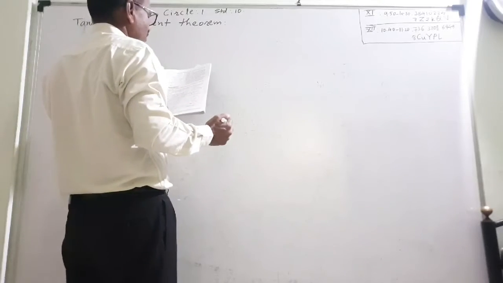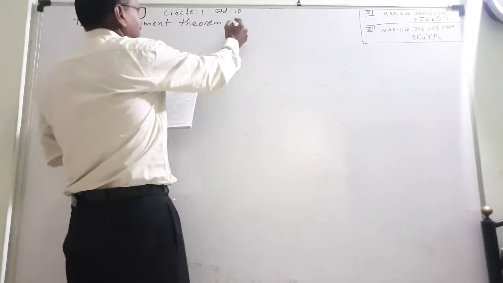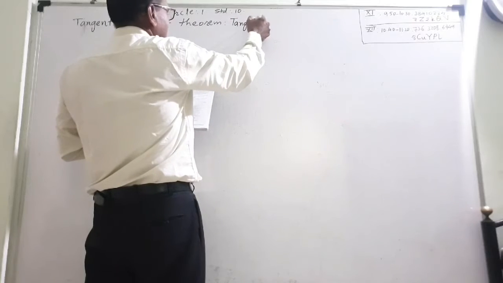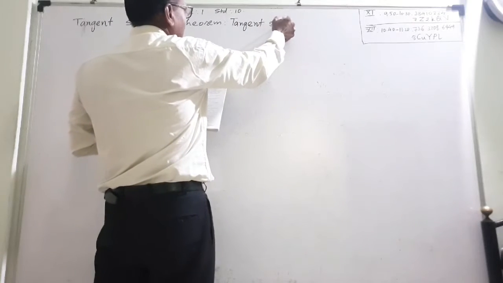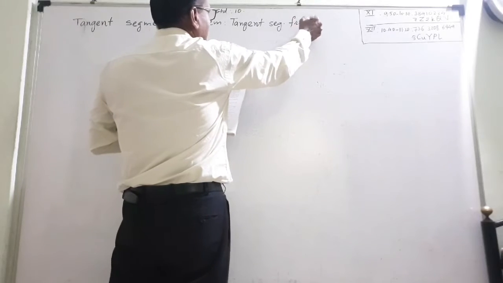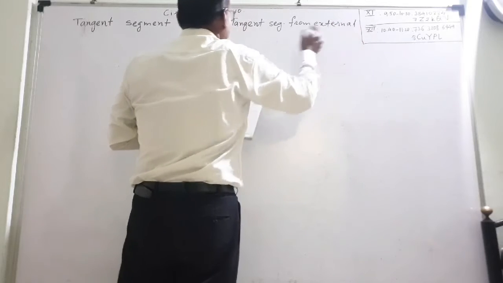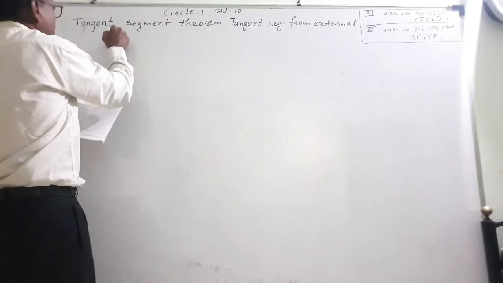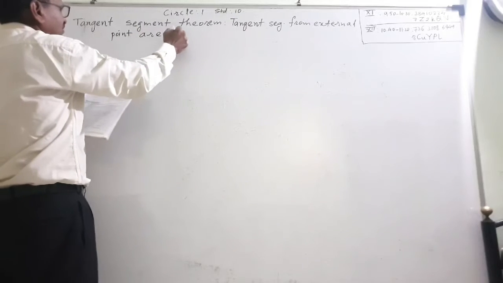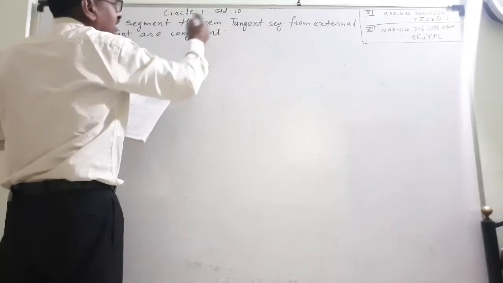Tangent segments drawn from an external point to a circle are congruent. So, tangent segments from an external point are congruent. I have written it in short.